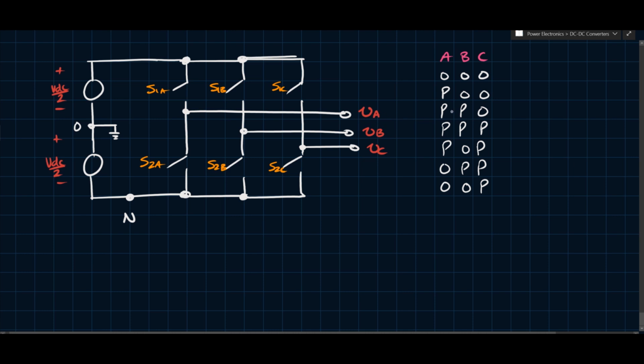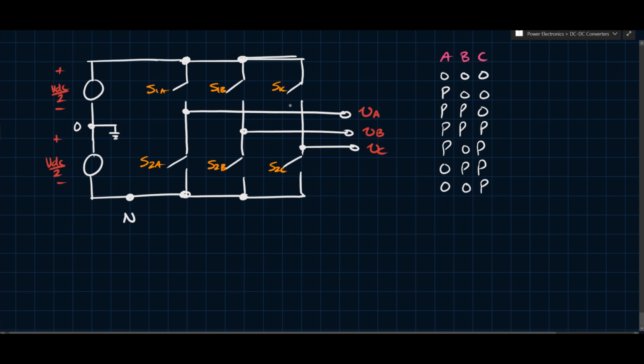So for instance, if you have P, O, O, what that means is this top voltage, VA, if this switch is closed, then VA would be connected to VDC over 2. So that would be a positive for this, and then phases B and C would both be negative, right? Because if it's P, O, O, this is on, these two are off.